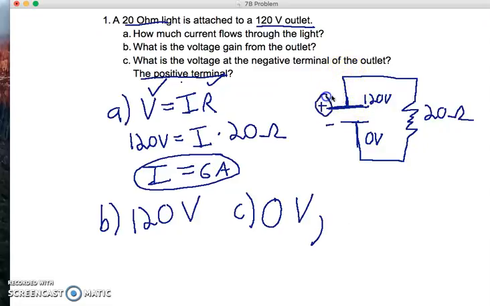So on the positive side, you're going to get the full 120 volts. And as you look at the circuit, it's going to be dissipated by this resistor, and then it's going to go to 0 at the end. So 0 volts and then 120 volts. Okay, so that's the idea. That's really all the basics behind Ohm's law.